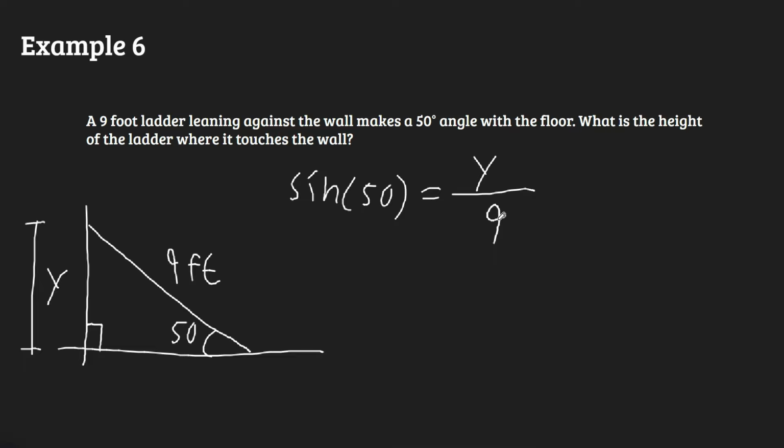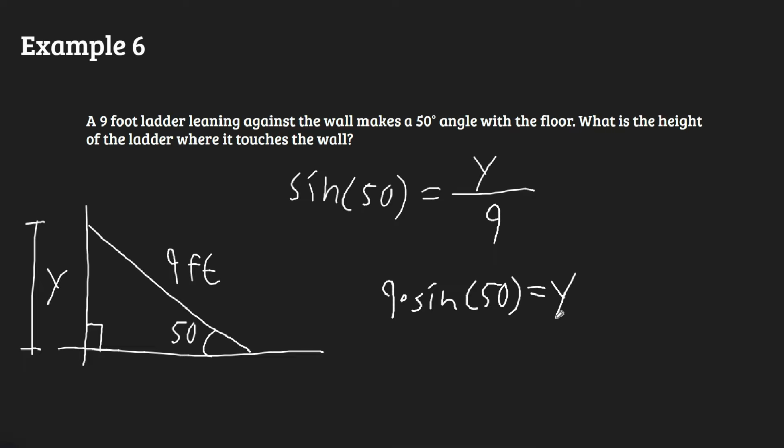And then just solving this equation a little bit, I'm going to multiply both sides by 9. I know that 9 times the sine of 50 is equal to y. And you are going to need a calculator for this problem, and remember that you want your calculator to be in degrees mode, not radians mode, or you'll definitely get a wrong answer.